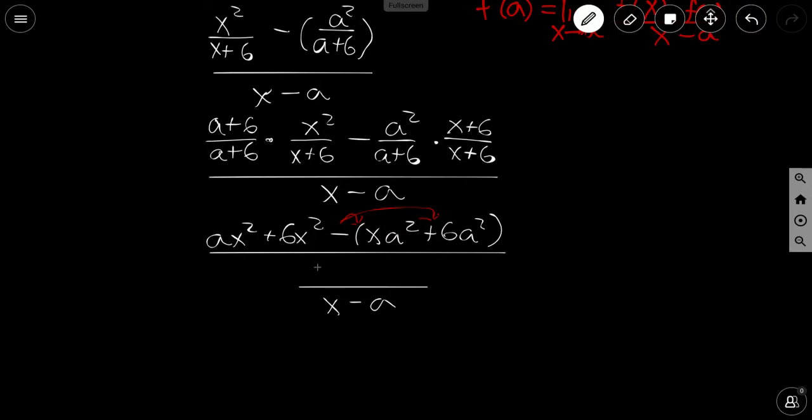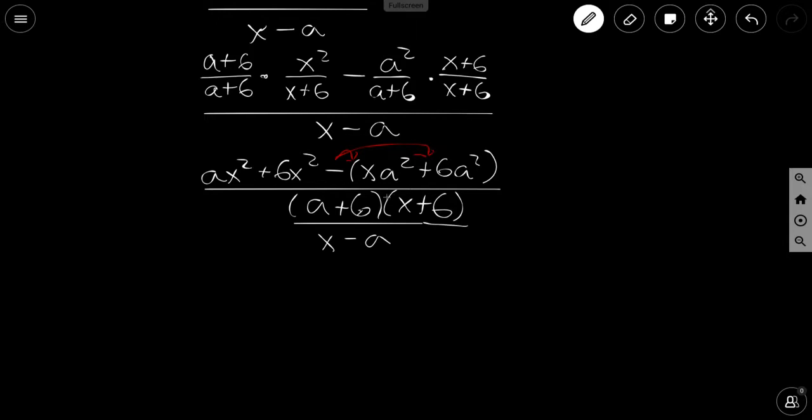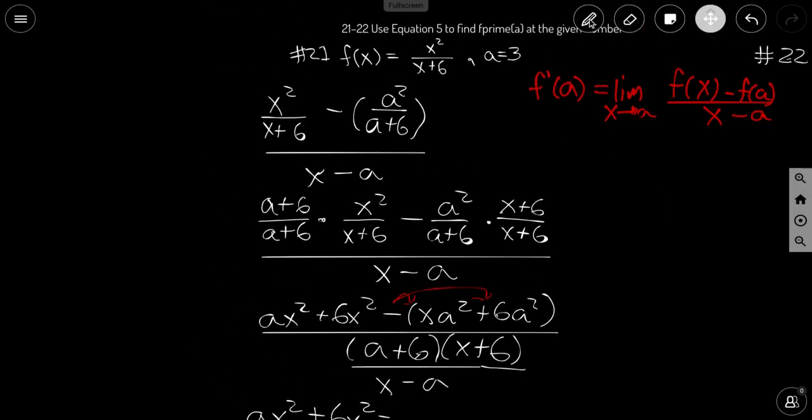So here we have like a fraction within a fraction. And let's go ahead and rewrite it. Actually, we do need to include the notation. So from the beginning, we do.